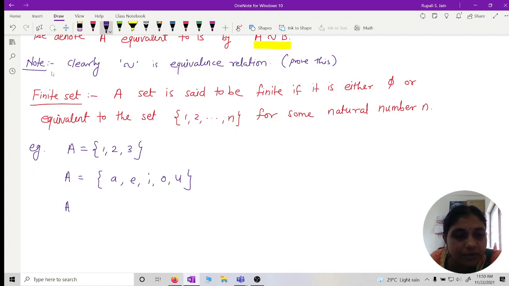Or a set equal to say {(a, b), (c, d)}, whatever you can take.